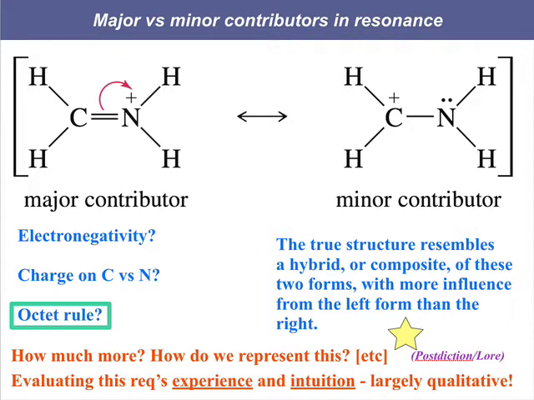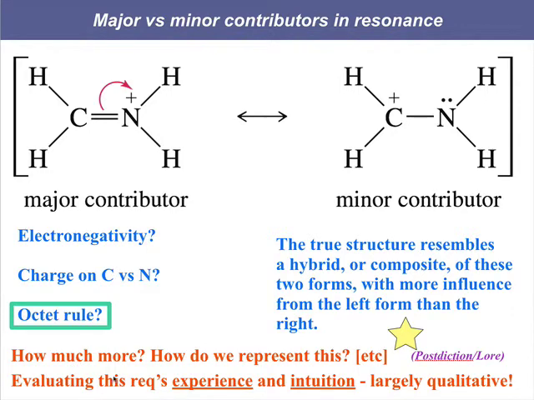And again, a lot of this is post-diction, meaning we might only know this after we do an experiment. We might only be able to come to this conclusion that the octet rule is more important than charge distribution after doing a lot of experiments. There's nothing fundamental about chemistry that says that octet rule satisfying is more important than charge distribution, charge location. Okay.